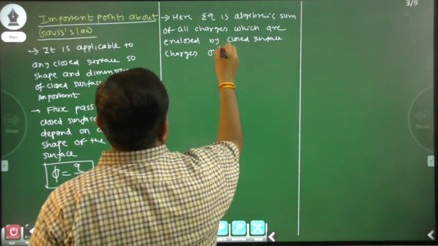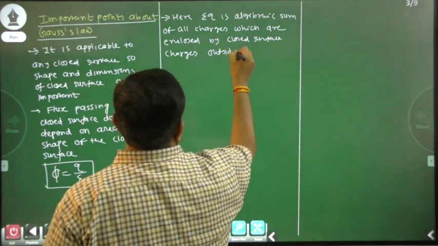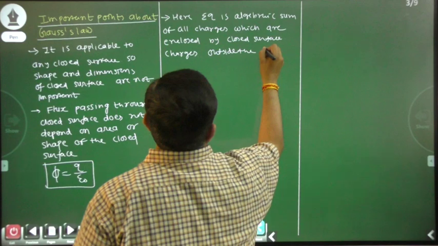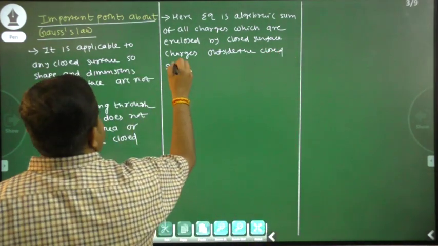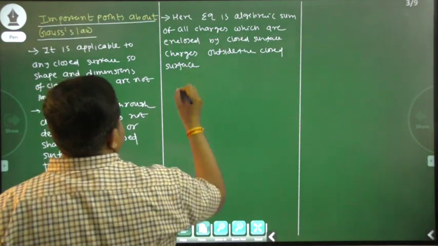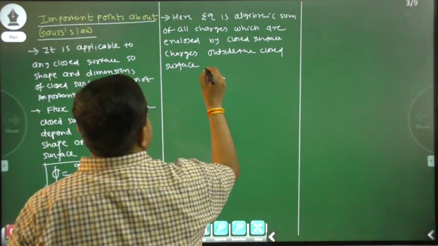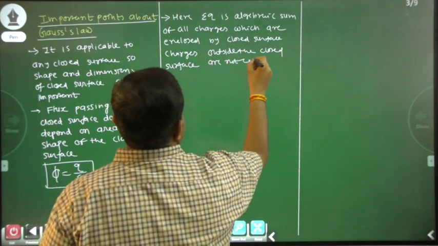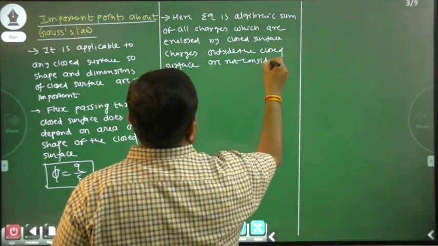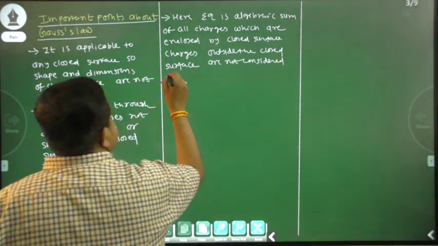Charges outside the closed surface are not considered.